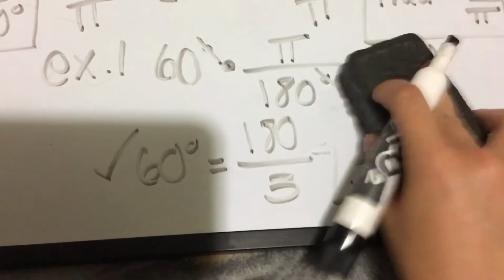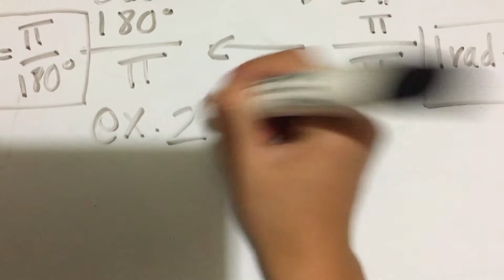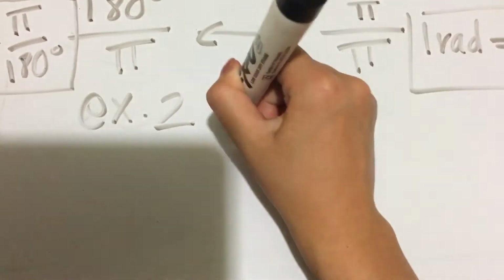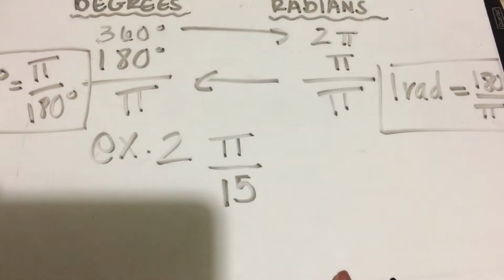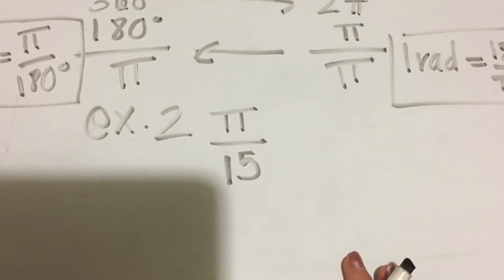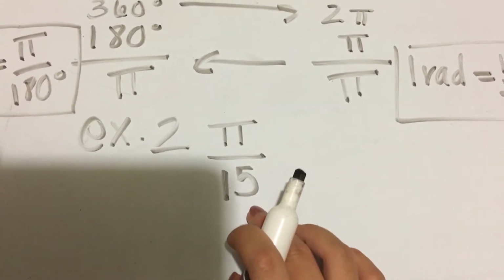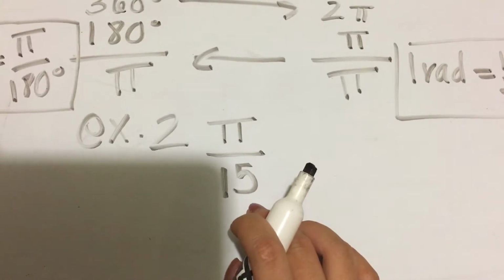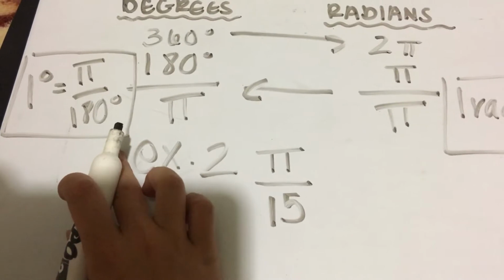Now we can try the conversion method to go from radians to degrees as well. So to do that, let's try the example pi over 15. Now, when we're given degrees to start off with and we have to find radians, we use, as I said before, this conversion factor.